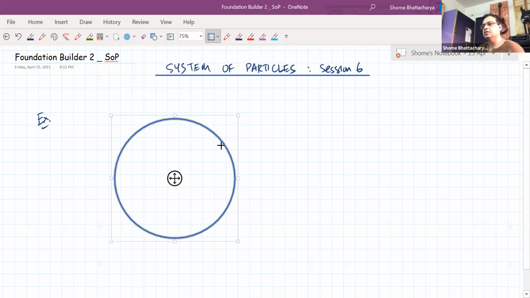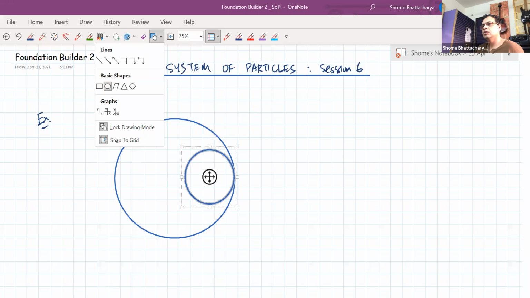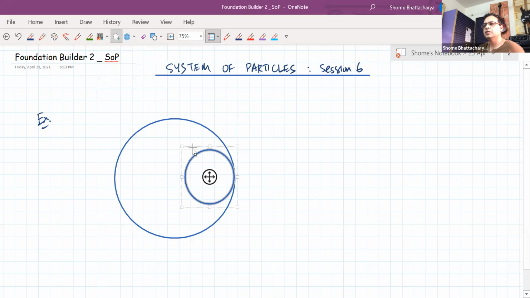Okay, we have a disk like this, and from that disk we have sliced out a portion of it, like we've cut out a cavity in the disk.